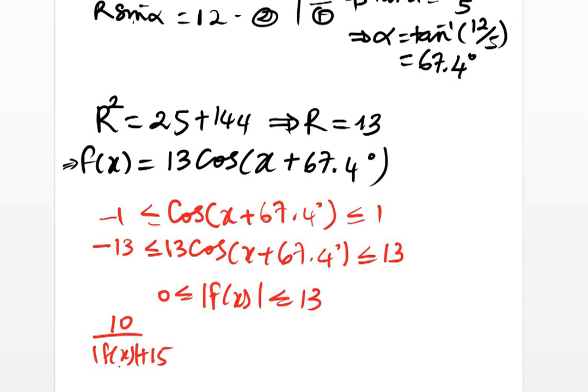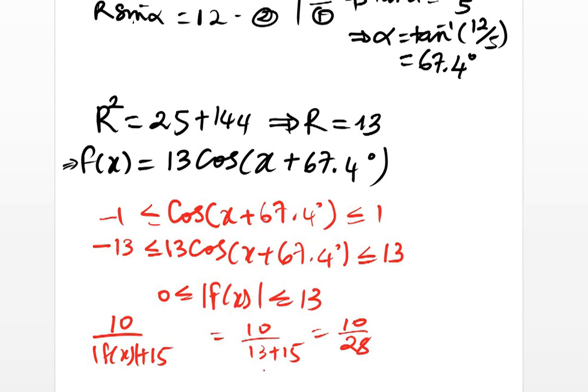What is the absolute value here? We have 13 here. So if you are substituting for 13, we have 13 plus 15. If you substitute for 10, we have 10 over 13 plus 15, which gives us 10 over 28.